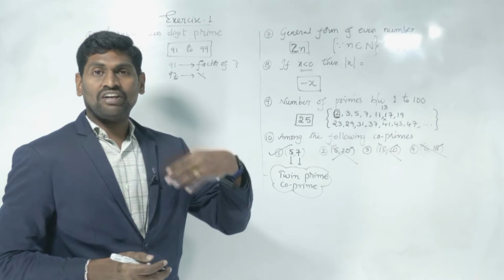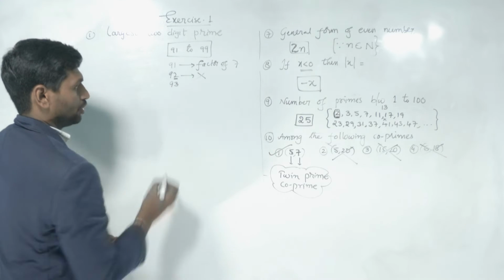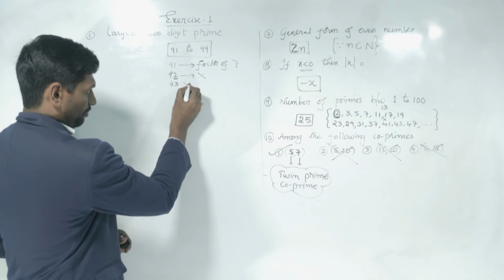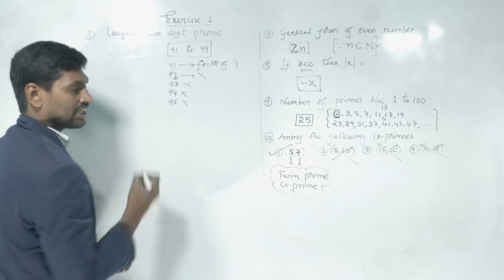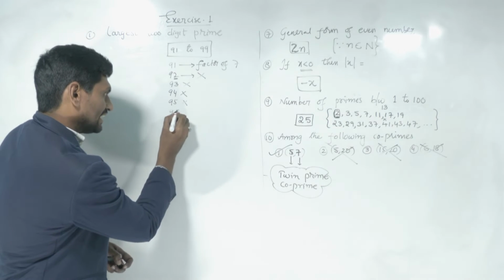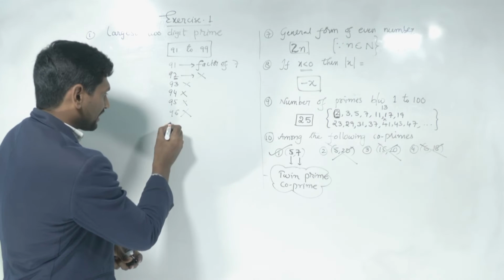Except 2 we don't have any other even prime numbers. 93, both will come in 3 table, so not a prime. 94 even number, not a prime. 95, 5 table will come, not a prime. 96, 6 is even number, will come in table, not a prime.